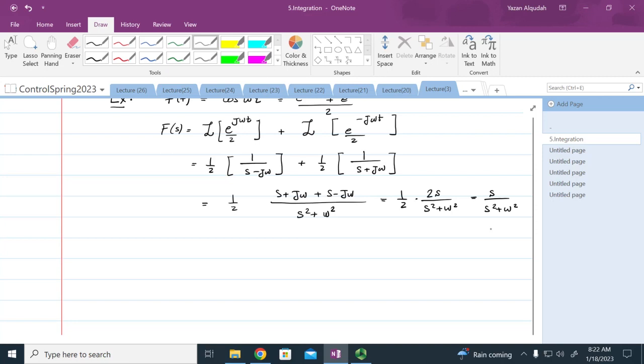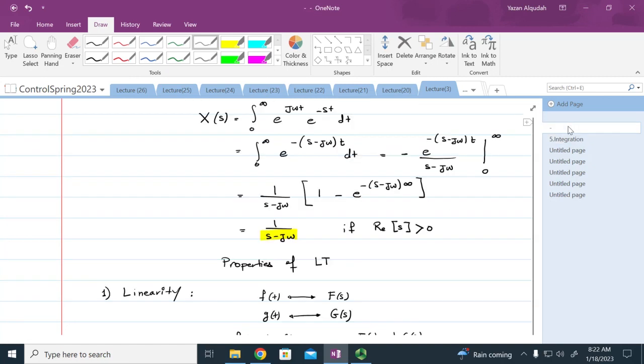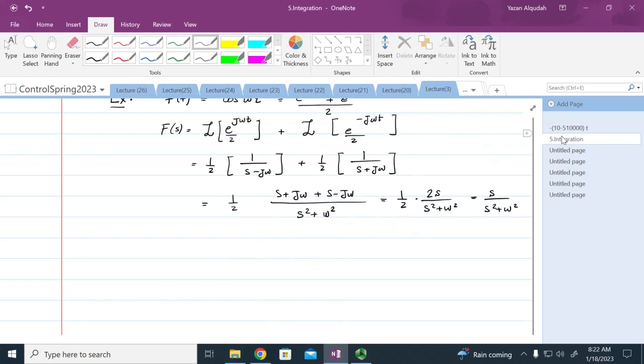Okay, I'll take that answer. This is linear. We calculated for the first term that the region of convergence was the real of s greater than 0. The second term is also real of s greater than 0. What is the region of convergence then? Real of s greater than 0. Make sense? We're adding the two terms together, so the region of convergence is going to be the intersection of these, but both have a region of convergence that is the real of s greater than 0. Everybody convinced?